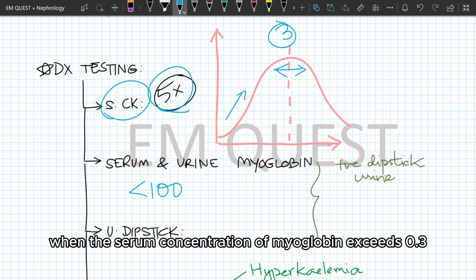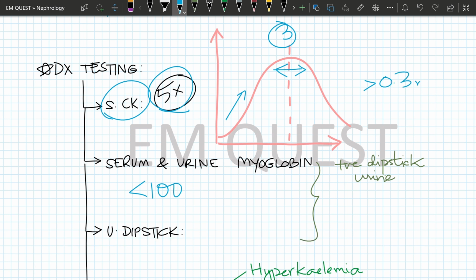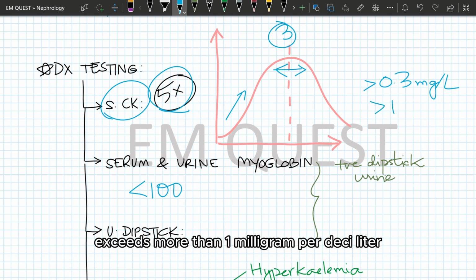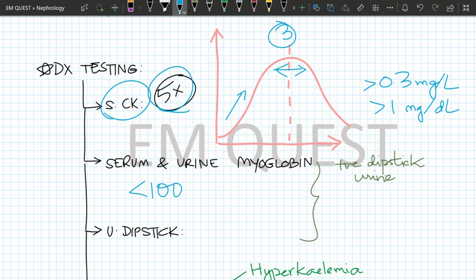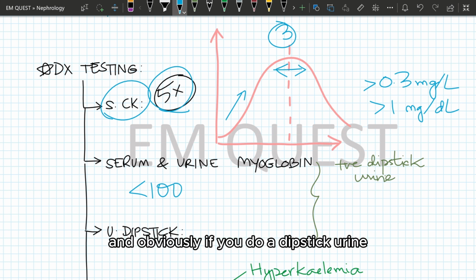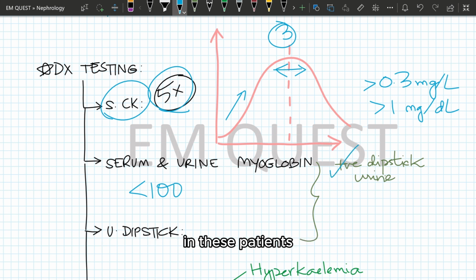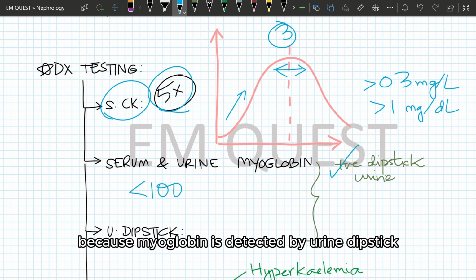When the serum concentration of myoglobin exceeds 0.3 milligram per liter and the urine concentration exceeds 1 milligram per deciliter, basically it confirms the diagnosis. And obviously, if we do a urine dipstick, it is going to come across as positive in these patients because myoglobin is detected by urine dipstick.